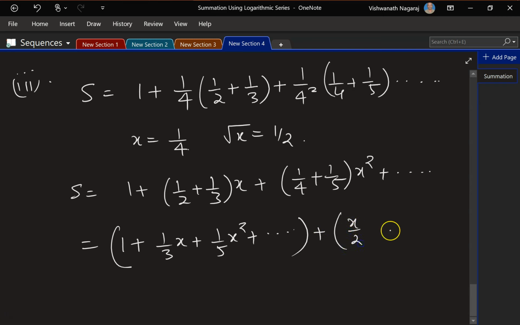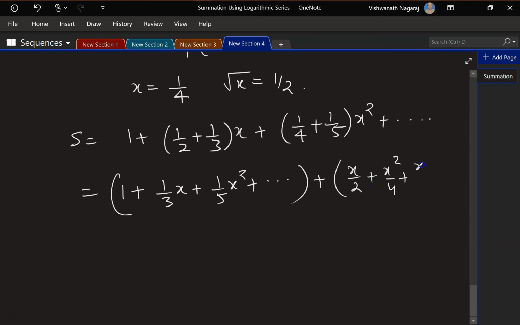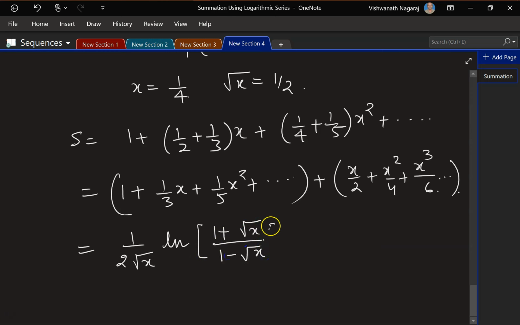So x by 2 plus x square by 4 plus x cube by 6 and so on. And we recognize these patterns. So this is nothing but 1 by 2 root x times natural log of (1 plus root x) by (1 minus root x), plus 1 by 2 minus natural log of 1 minus x.